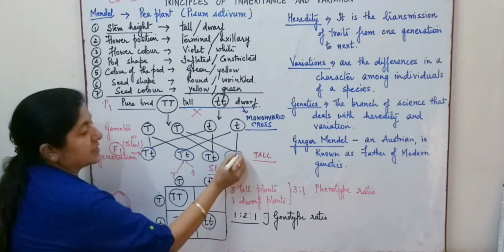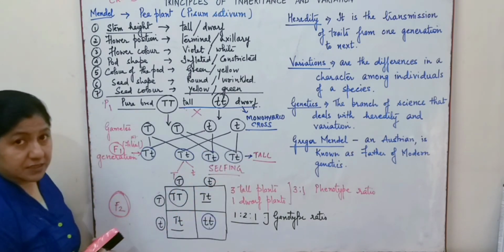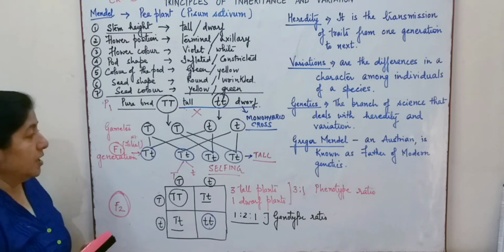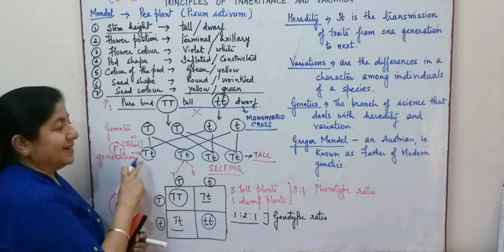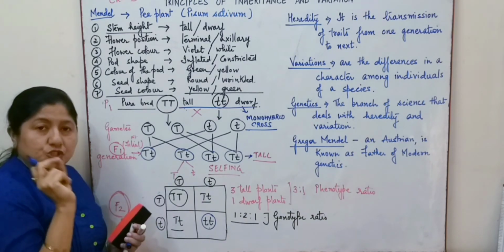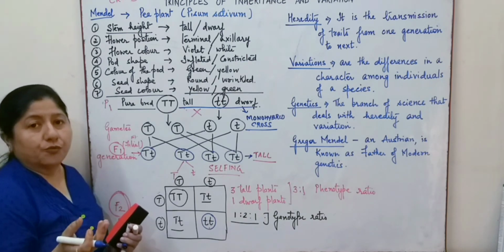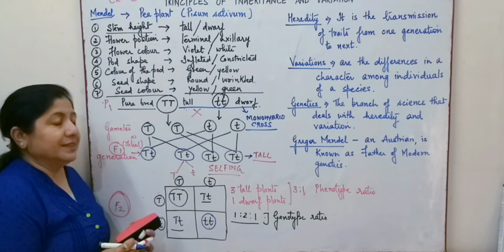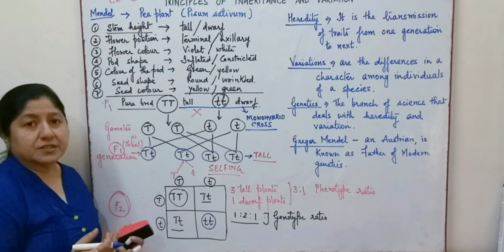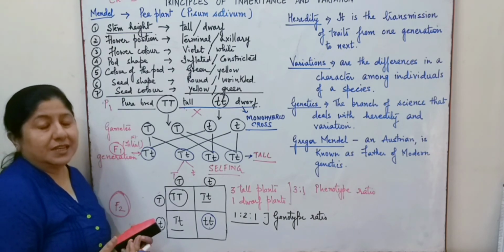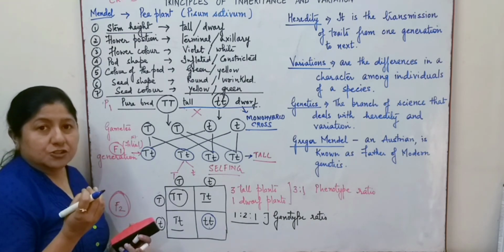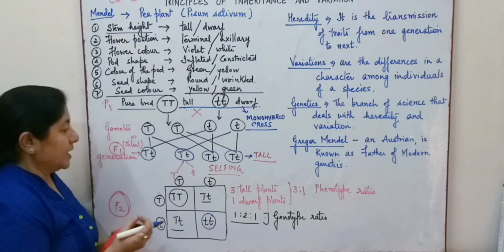But it all resulted into the plants which were all tall. So that means that there is one gene which is dominant over the other gene. And that gene which is dominant over the other gene is known as the dominant allele.